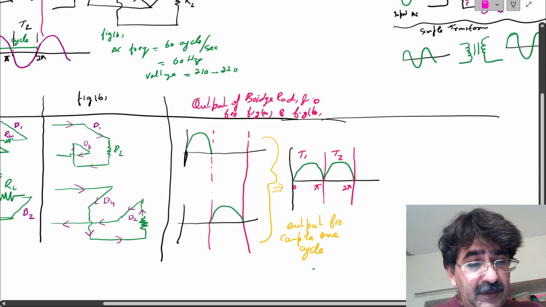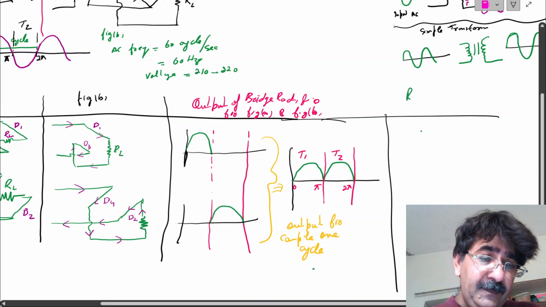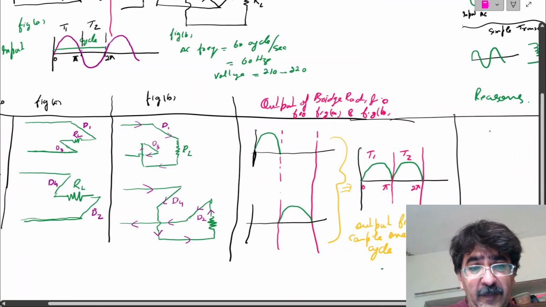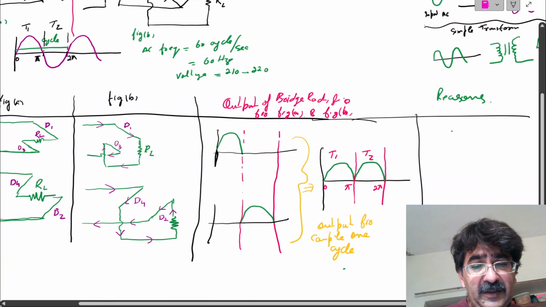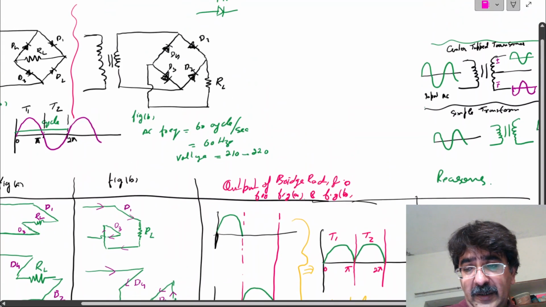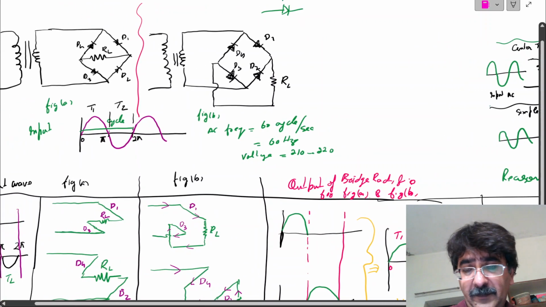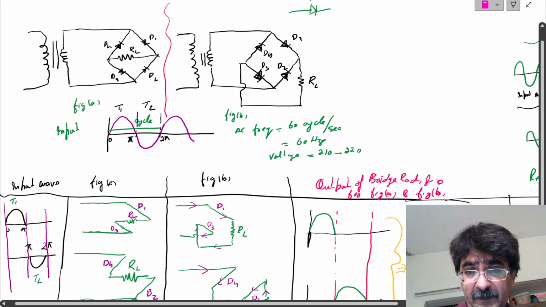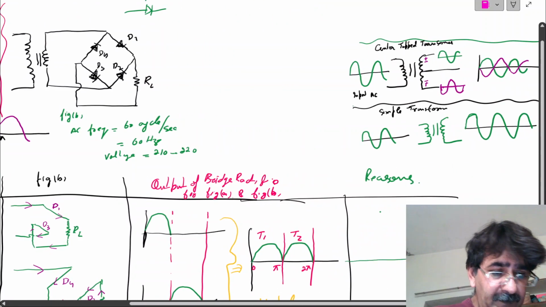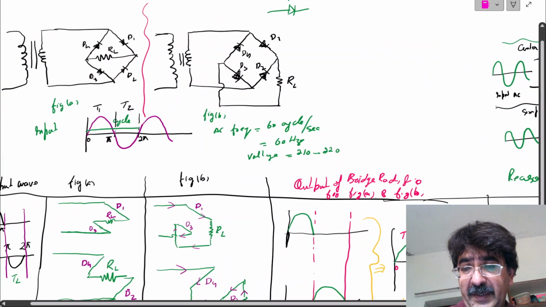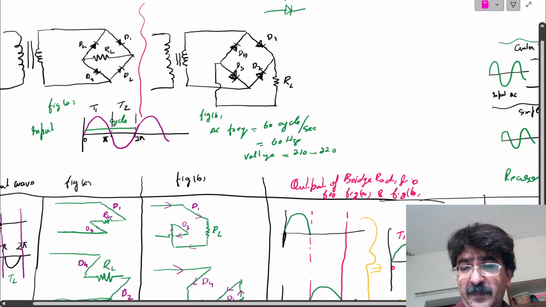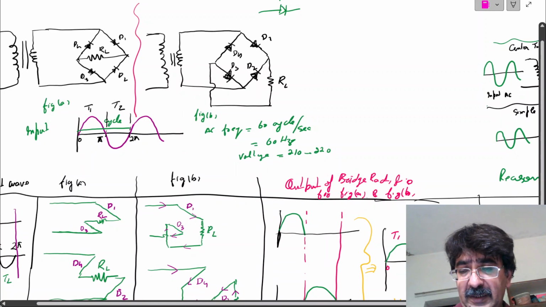Now, as I have already explained when explaining circuits 1 and 2, why the current is not passing through D4 for T1, I will now explain why some diodes are treated as open, some are reverse biased, and some are forward biased. Some behave like a short circuit and some like an open circuit. Now I will explain the reasons.